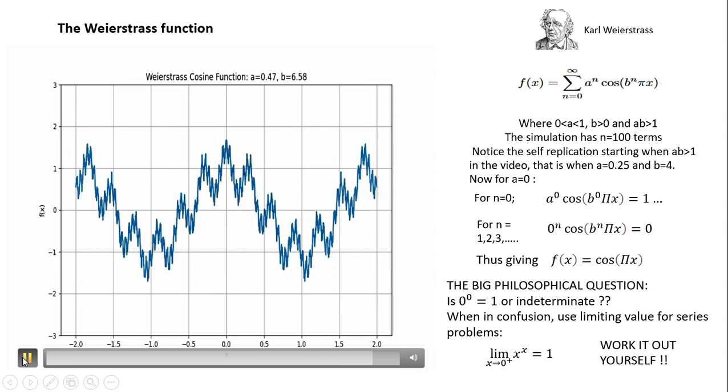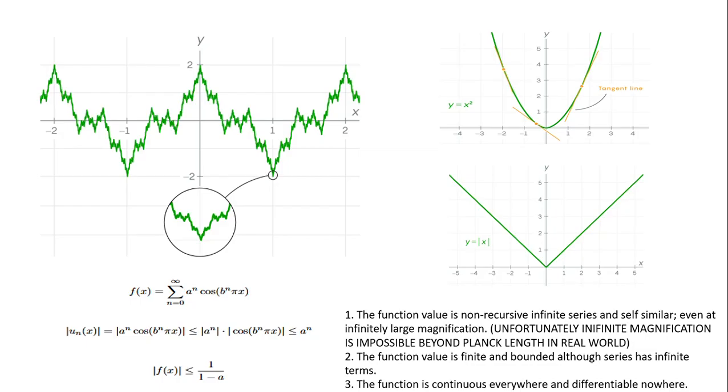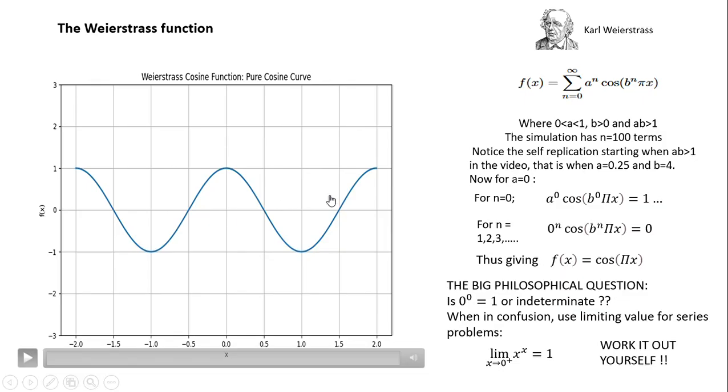Alright, so just returning to the initial one. For n equal to 0 and a equal to 0, it says it's a pure cosine curve.